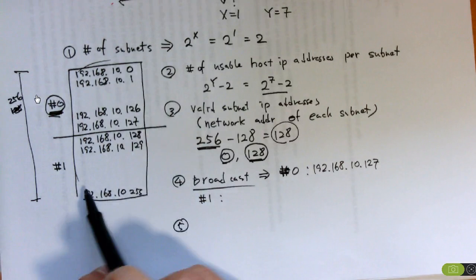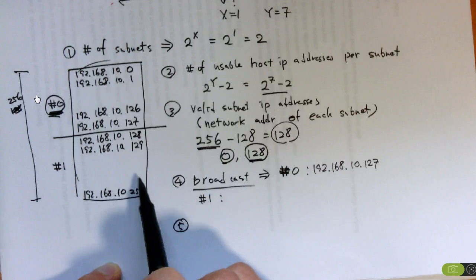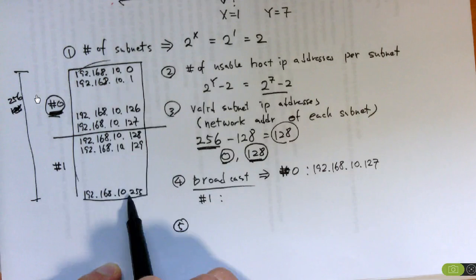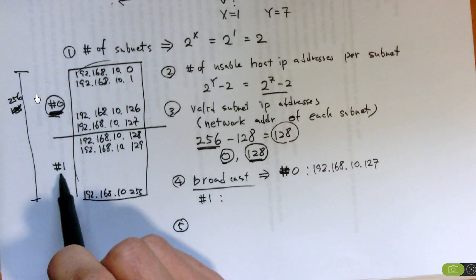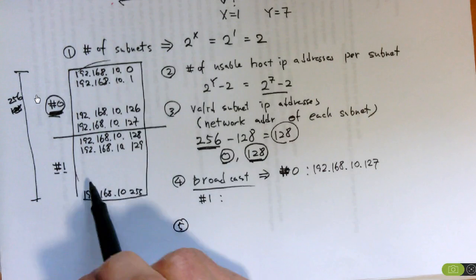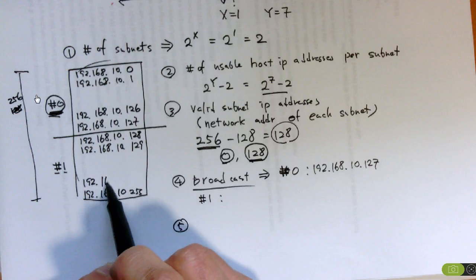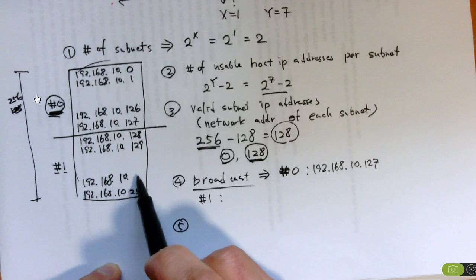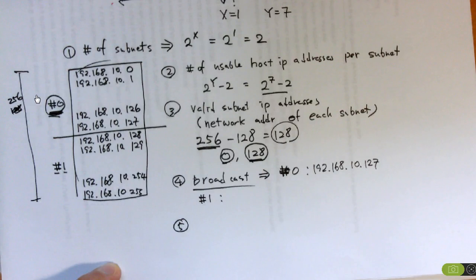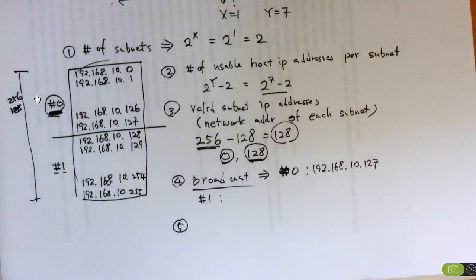And the last usable host IP address of subnet number 1 is 192.168.10.254.